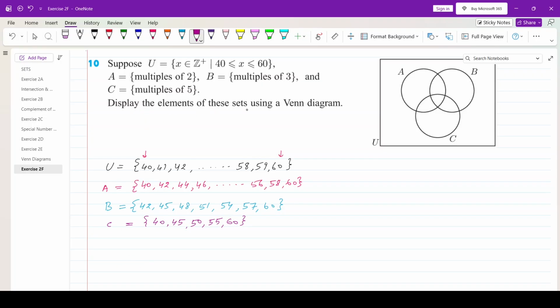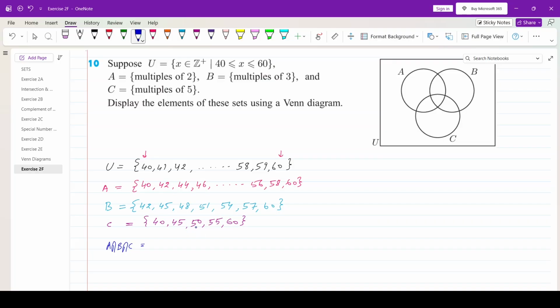Display the elements of these sets using a Venn diagram. So this is the Venn diagram. Now we have to show all the elements. Firstly, we need to calculate the set A intersection B intersection C. So is 40 present in all of them? No. Is 45 present in all of them in A, B, and C?